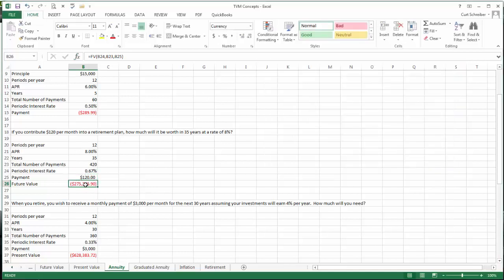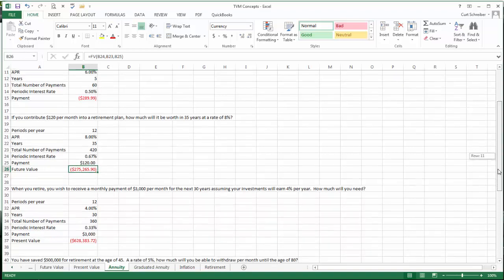Let's click OK. That annuity would be worth $275,265. So it really sounds like if you're wanting to retire, you probably better plan on saving more than $120 per month. Okay, continue on.